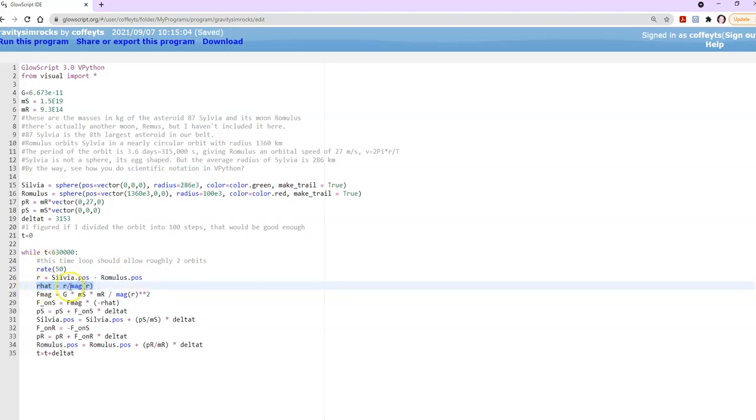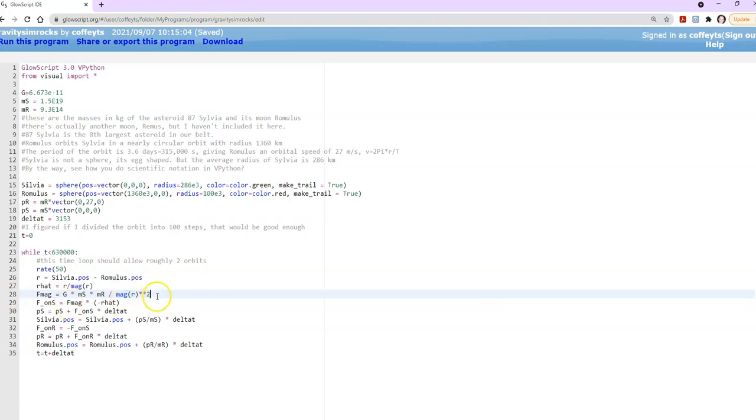So R hat is equal to R over mag of R. Now, since I have an easy time calculating the magnitude of R, I went ahead and just put it straight in my magnitude of my force equation. Okay, so remember, it's G times the mass of Sylvia times the mass of Romulus divided by magnitude of R, which is the center to center distance between Sylvia and Romulus, squared. Remember, star star for squaring. Okay? So I just went ahead and put my magnitude calculation within my calculation of the magnitude of my force.